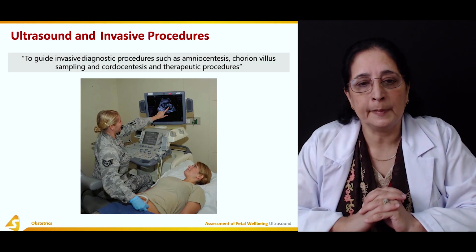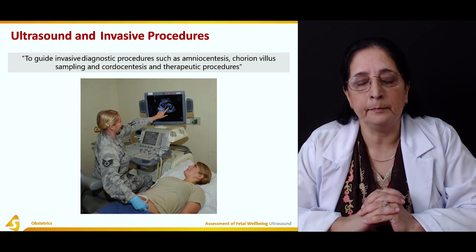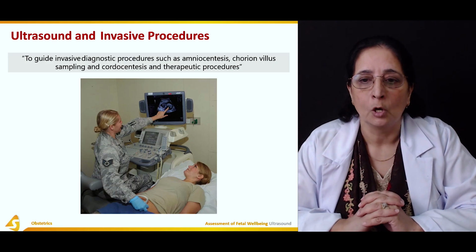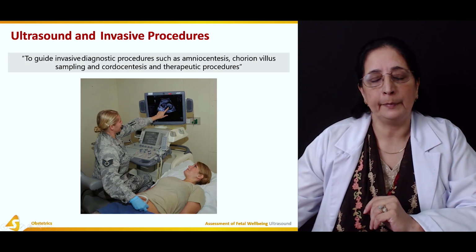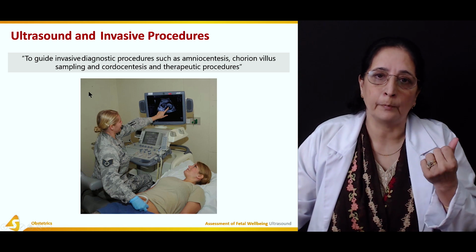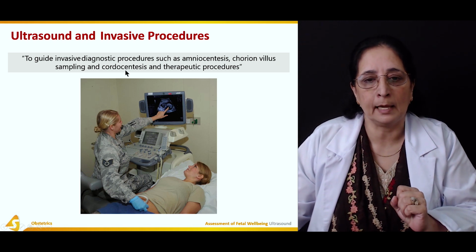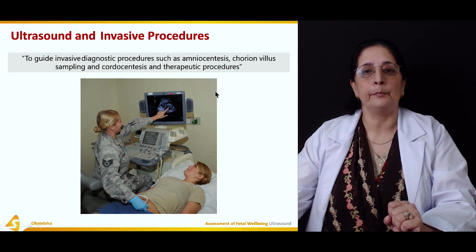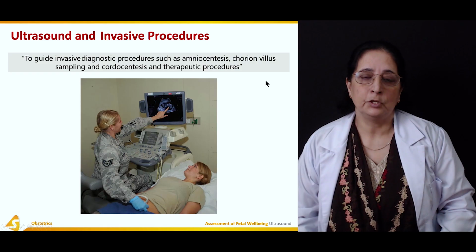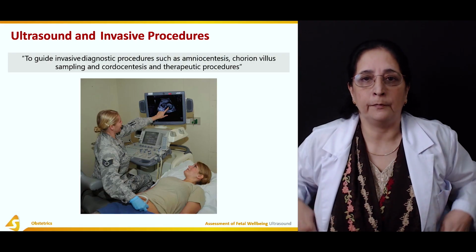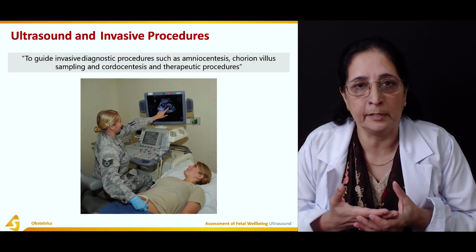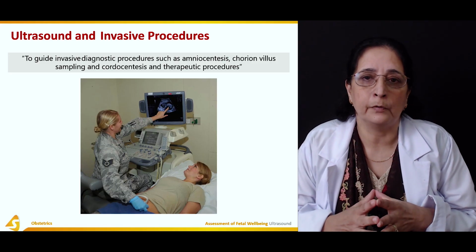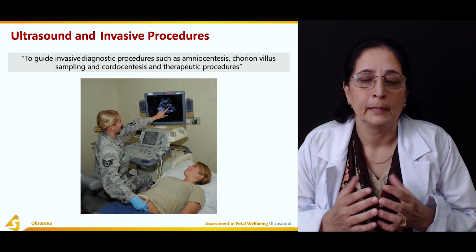So it helps guide procedures like amniocentesis, chorionic villus sampling, in which a sample is removed from the chorionic villi, and also cordocentesis and some therapeutic procedures. So ultrasound is used during invasive procedures, and also for therapeutic procedures.